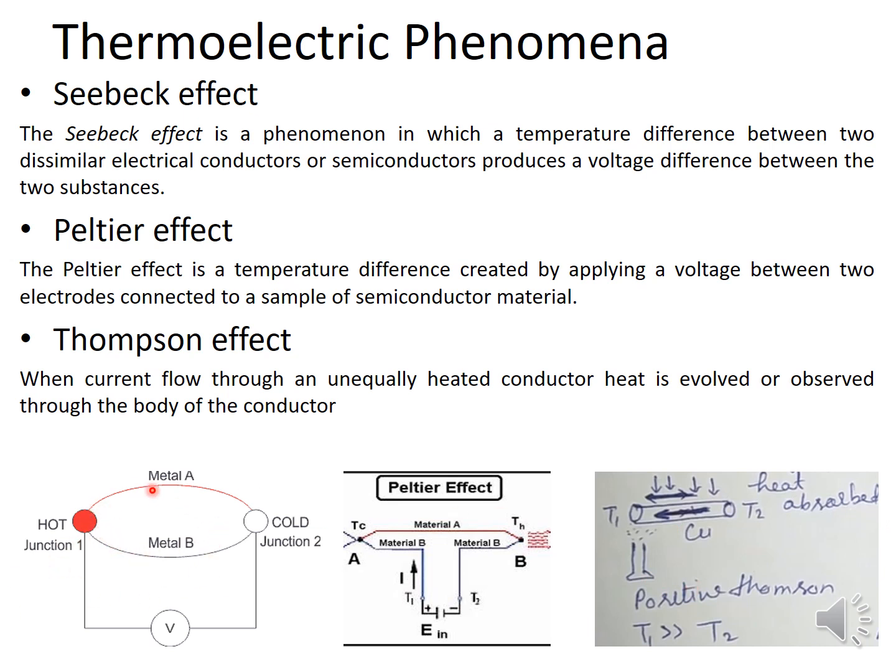In this figure we can see we have two metals, metal A and metal B. Both metals are joined together and form two junctions, junction number 1 and junction number 2. Junction number 1 is maintained at a high temperature, that is hot, and junction number 2 is maintained at the reverse, a cold temperature. So two dissimilar metals are joined together and maintained at two different temperatures.